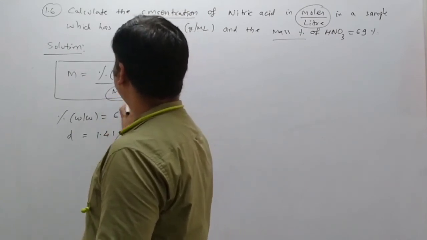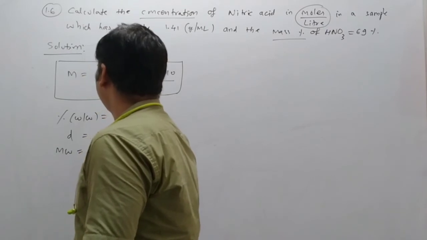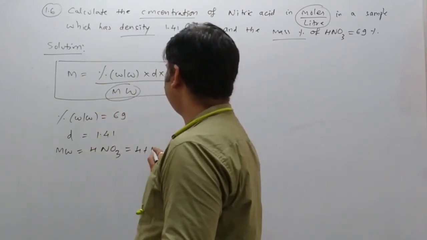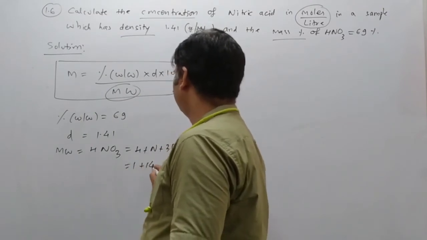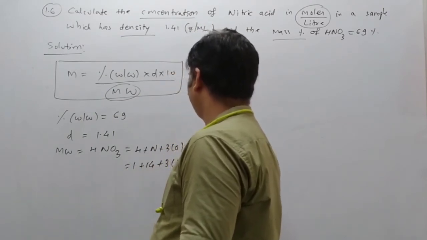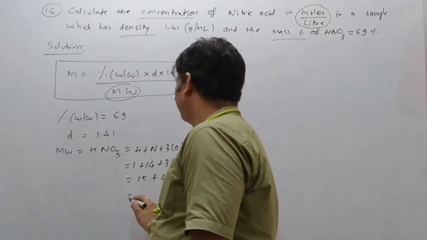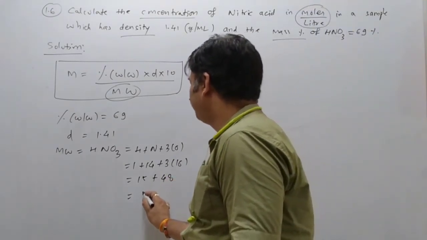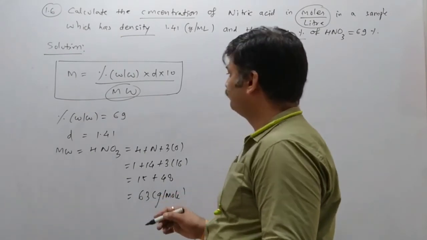Now we have to calculate the molecular weight. The molecular weight of HNO3 is H plus N plus 3 O, that is 1 plus 14 plus 48, which comes to 63 gram per mole.